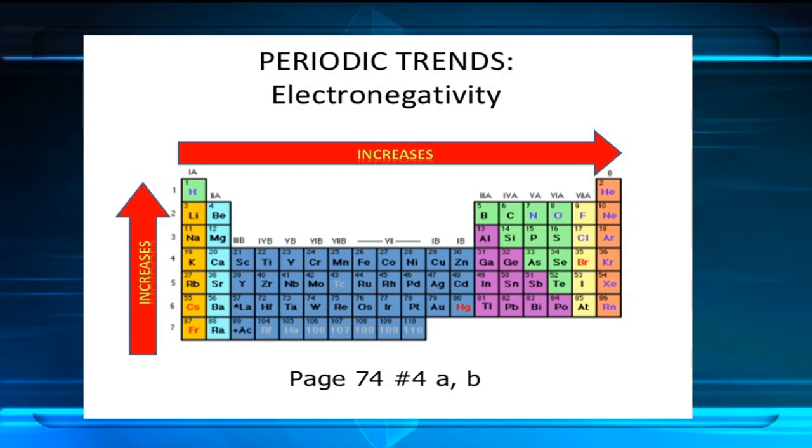And so those centers are now able to go and grab electrons from other atoms more easily as you go from left to right. As we go down, remember our radius does increase, so there's more energy levels, there's more space before you get to the center protons, and so that's why it does decrease as you go down or increase as you go up, because now there's more space.